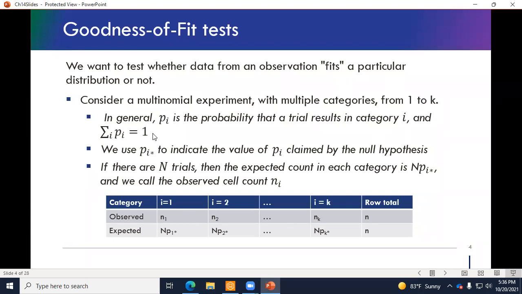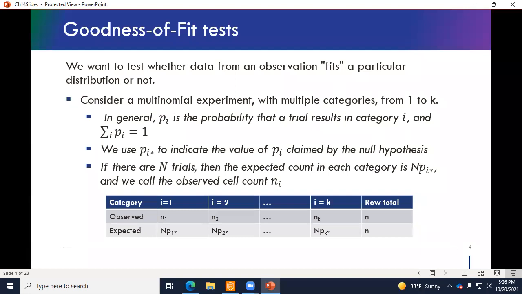In general, we use p_i as the probability that a trial results in category i. So we have 1 to k categories, and we use p1, p2, up to pk to denote the probabilities that the result would be in category i. In the previous example, it was like 0.45, 0.35.